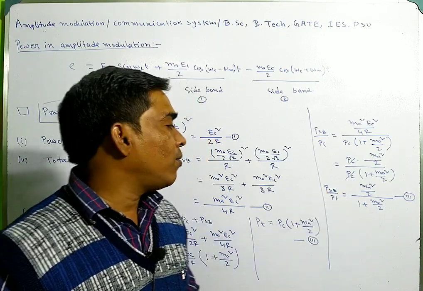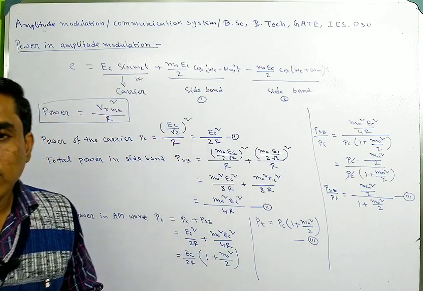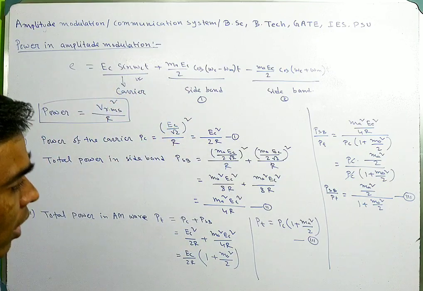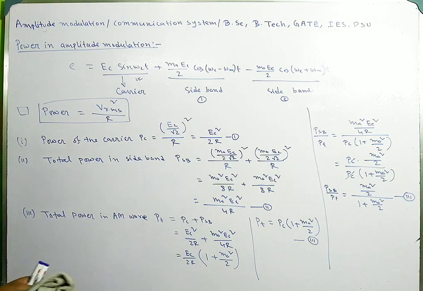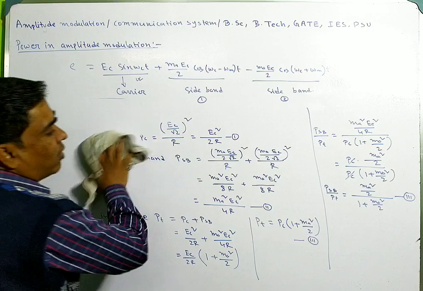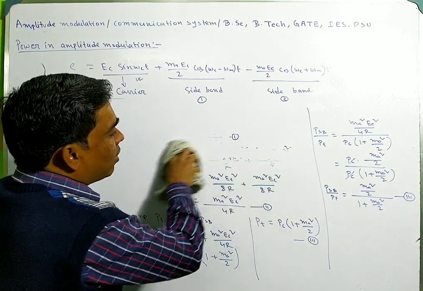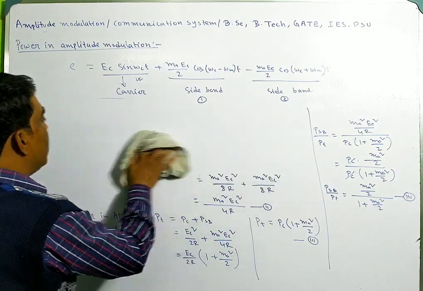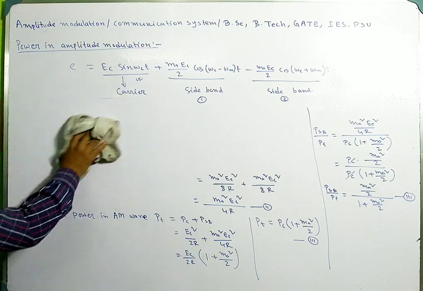Now if I want to express this relation in terms of the carrier current and total current in this amplitude modulated wave, what will be the relation?